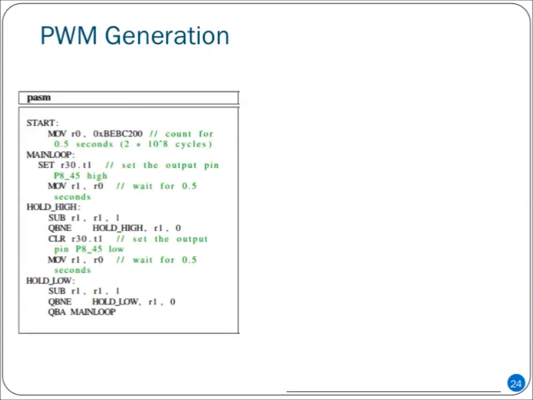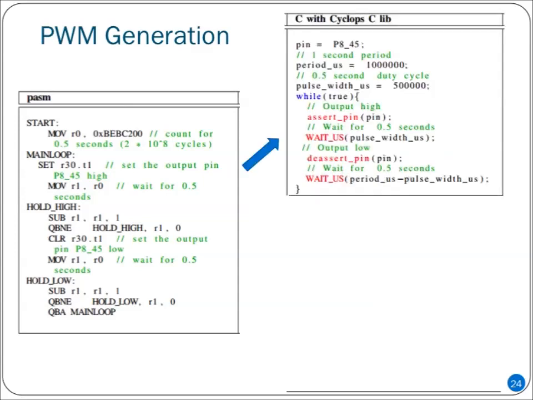So let's take a look at how to generate pulse width modulation using the PRU. This is the original language of the PRU, which is called Bazel. You write some assembly and configure everything by hand, write the overlay file, compile it all, and do all this stuff.